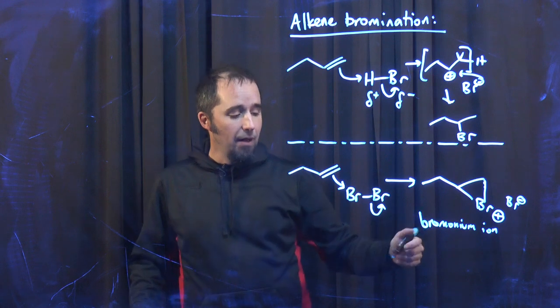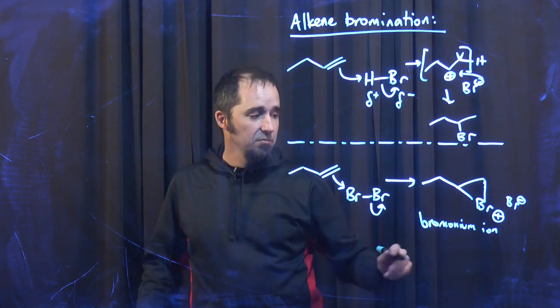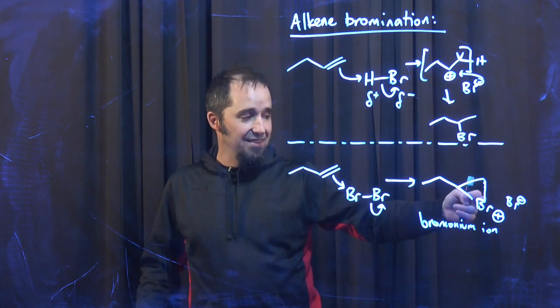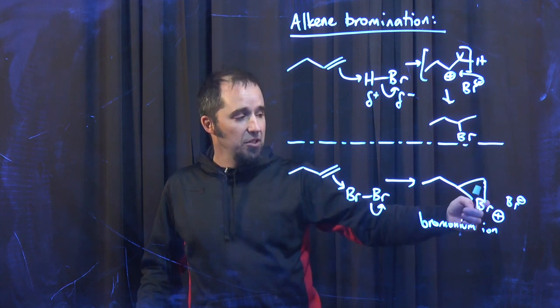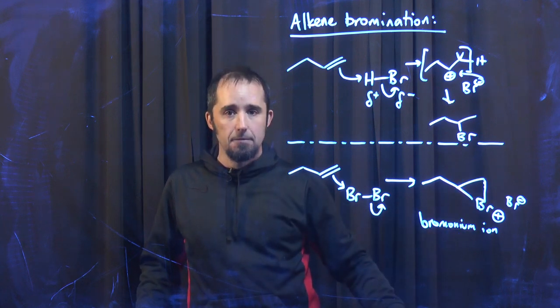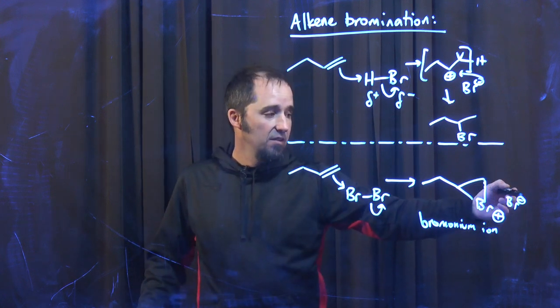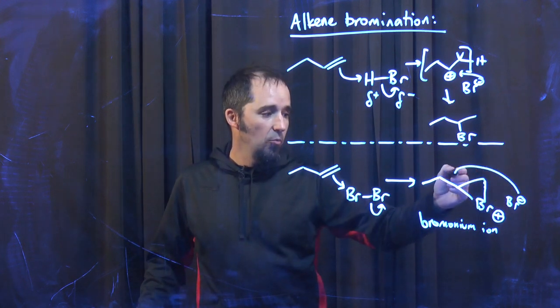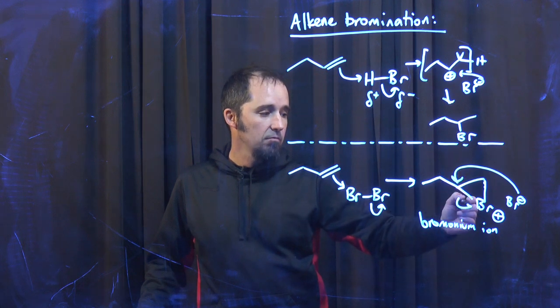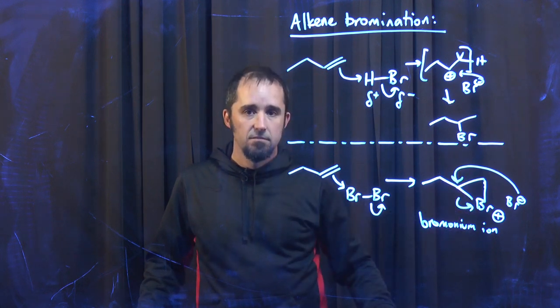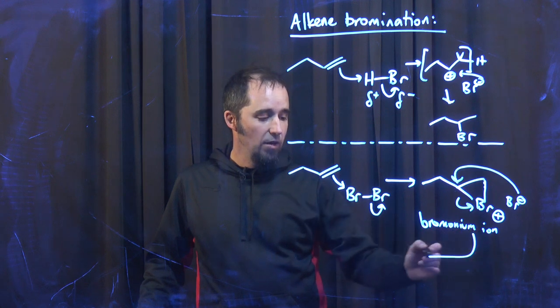Now, if you remember back to epoxides, we talked about, okay, when this is oxygen, I can have some nucleophile open the three-membered ring. All right? And again, I have a pretty good nucleophile, and so that is going to come and open this three-membered ring. So what happens when I do that?